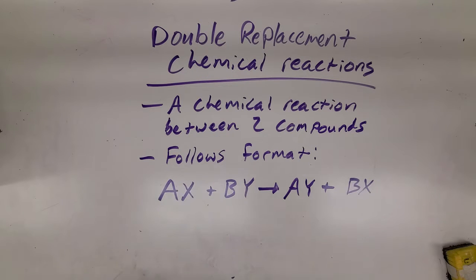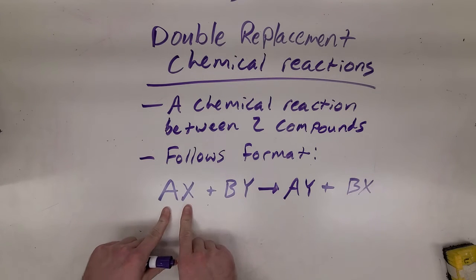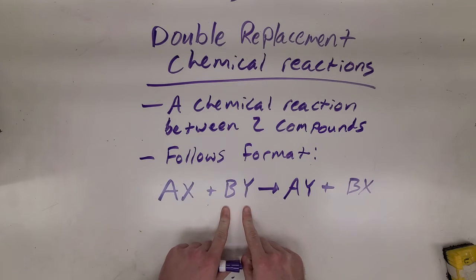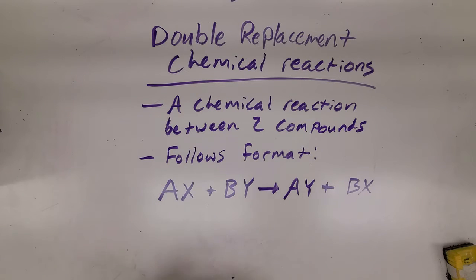And they typically follow this particular format right here, which is we have a compound with element A and element X bonded to each other, going into a chemical reaction with a compound that has element B and element Y, whatever those elements are. One is typically negative in charge, the other is positive in charge.